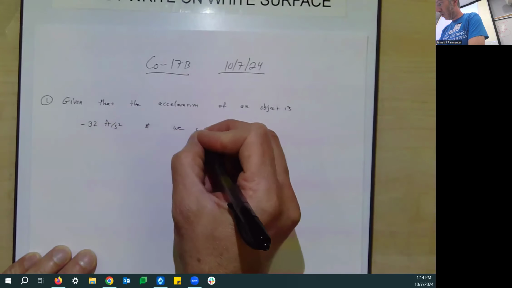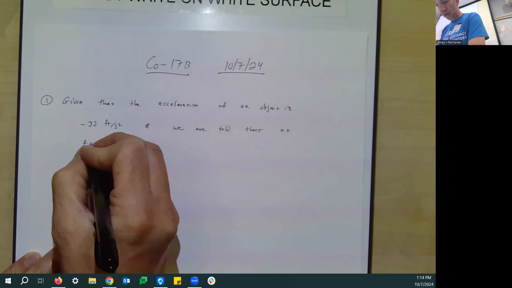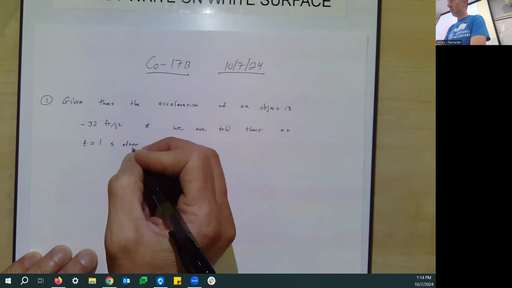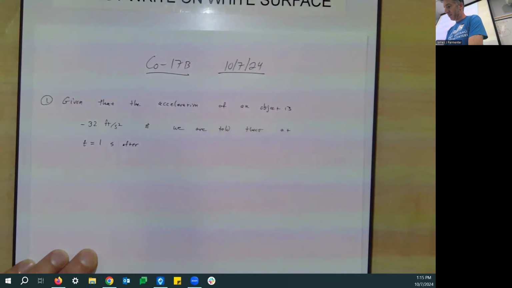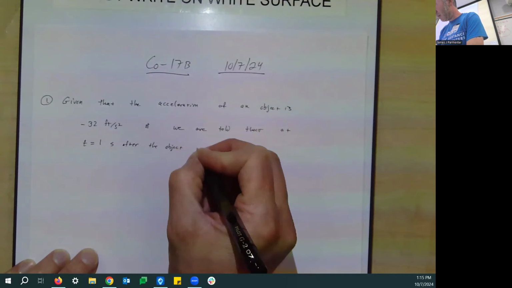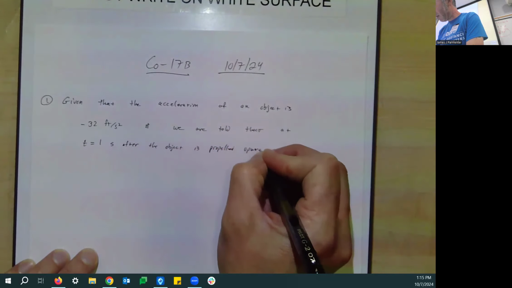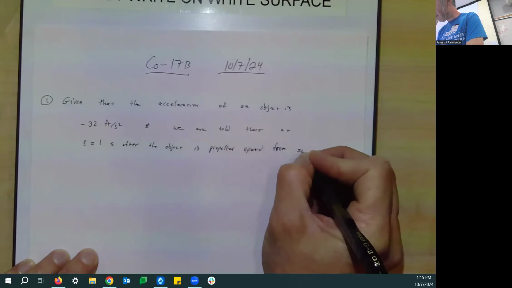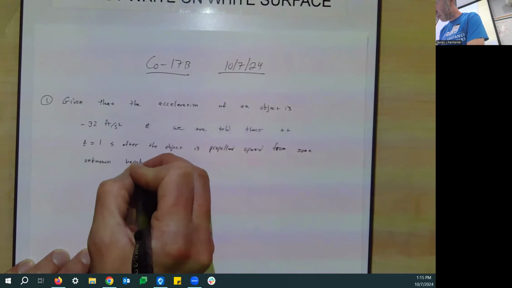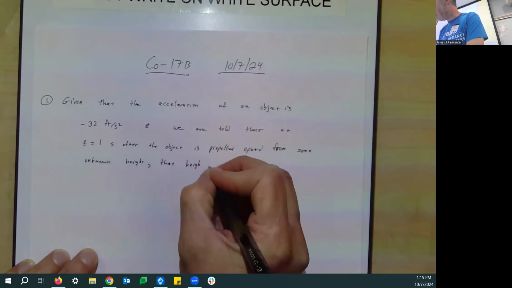And we are told that at time equal to 1 second after the object has been propelled into the air from an unknown height, the object is propelled upward from some unknown height, that the height of the object is, gosh, so many words.